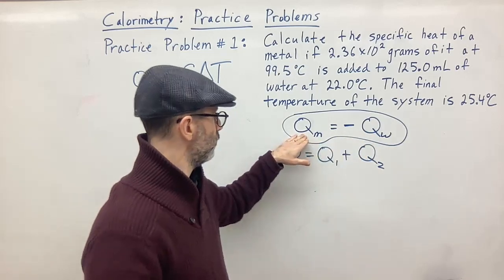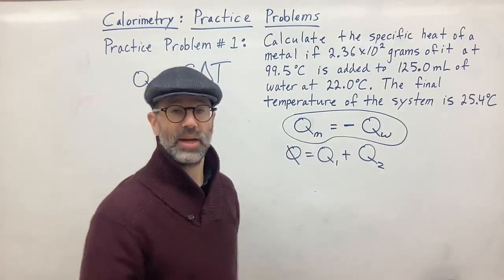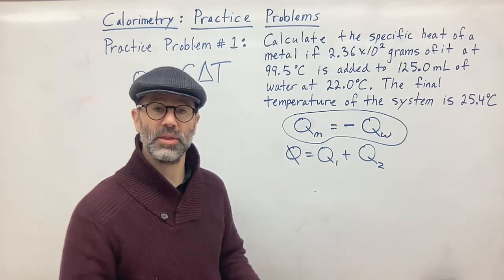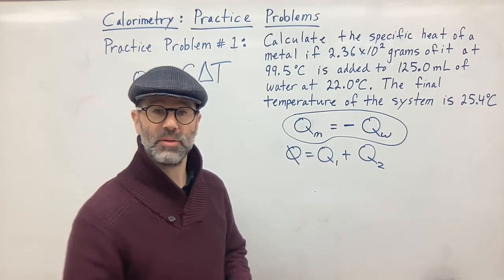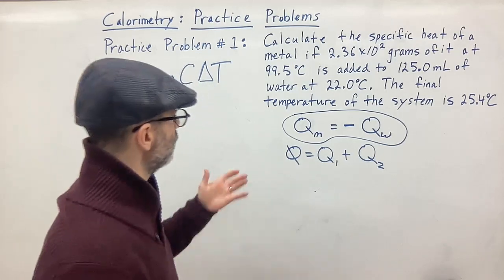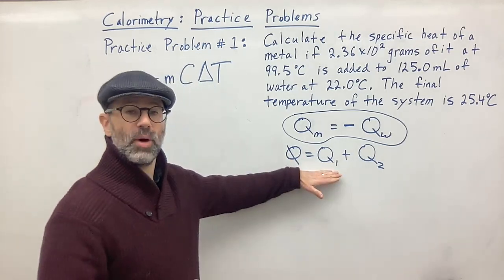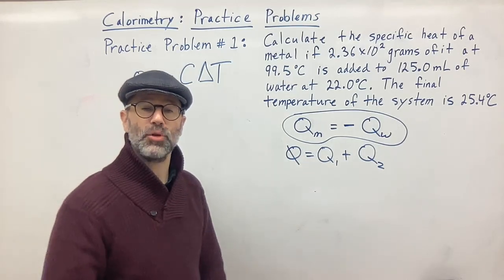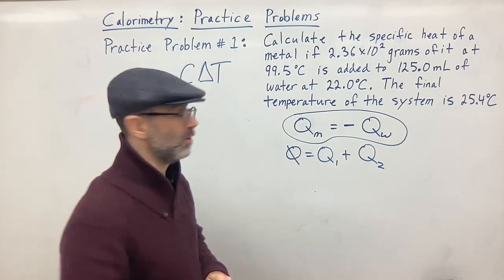So I could put water on this side and metal on this side. It would not matter for the calculation as long as you're consistent with your math and where you're putting your data. Okay, speaking of data, the thing you want to do is start listing out the information they give you and labeling it so you know what it is, right?